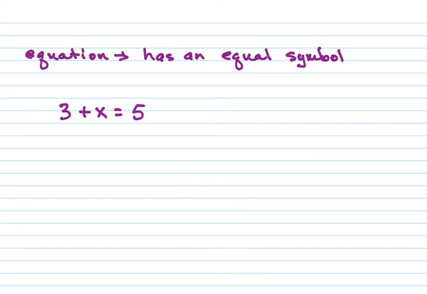A 2, right? So you can see that some equations, you can just look at it and see what number you should be replacing it with. But that's not always the case. They get a little more complicated, and so you want to have a process for solving them. Okay?